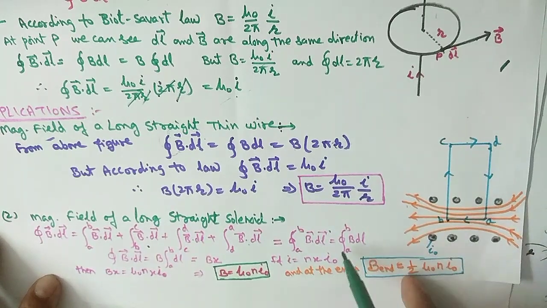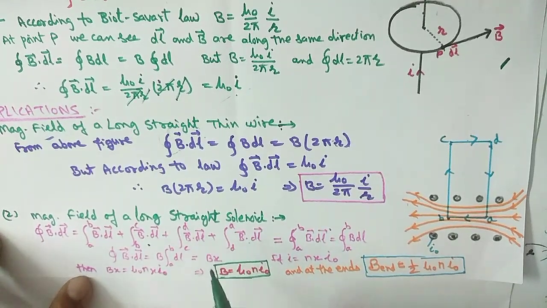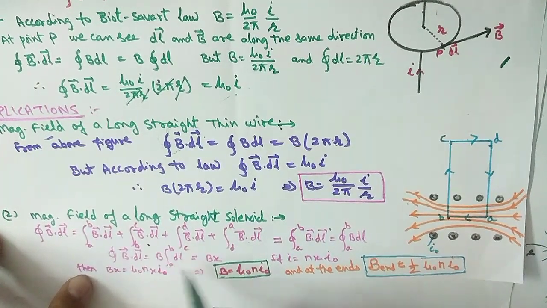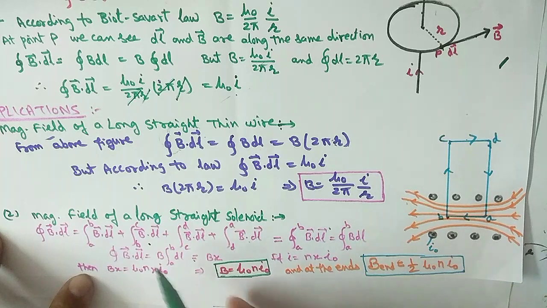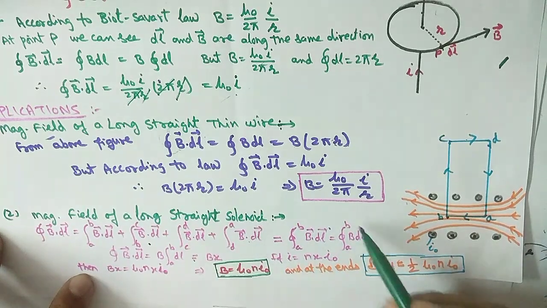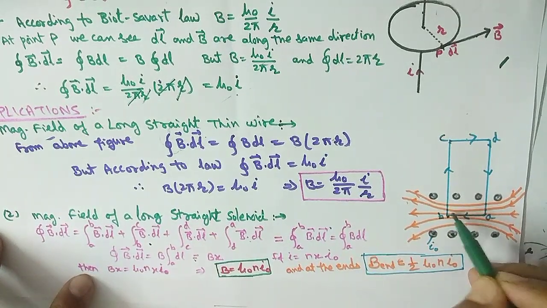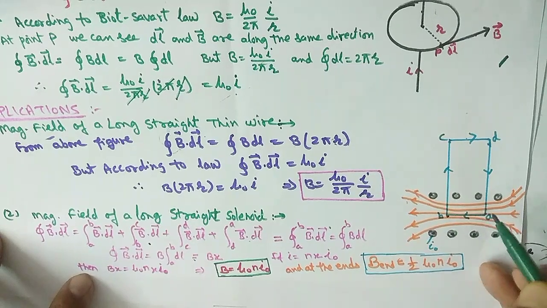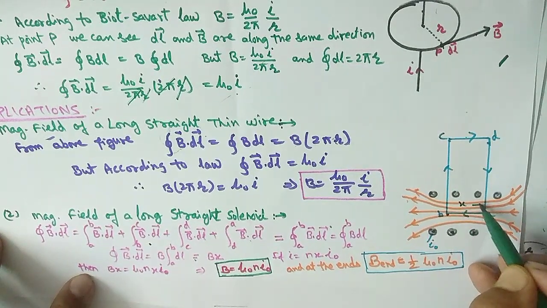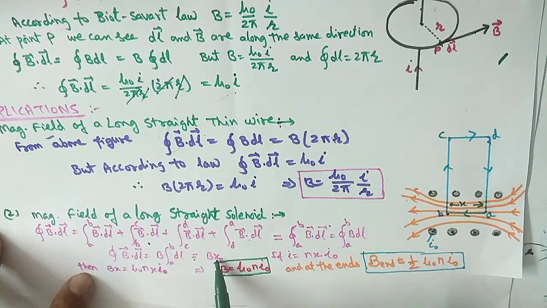So for the A to B portion, B dL, we are considering this distance from A to B as x.